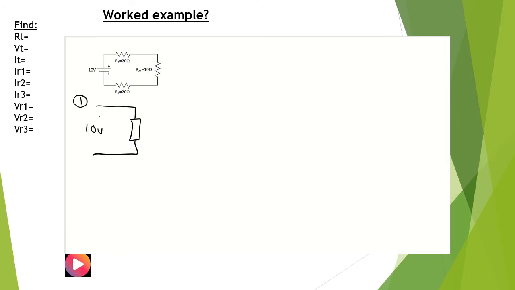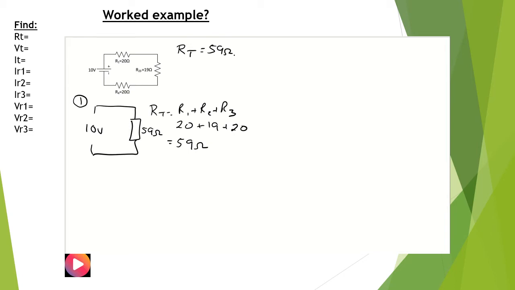We have 10 volts and RT equal to R1 plus R2 plus R3, that's 20 plus 19 plus 20. 20 and 20 is 40, 59 ohms. So RT equals 59 ohms.